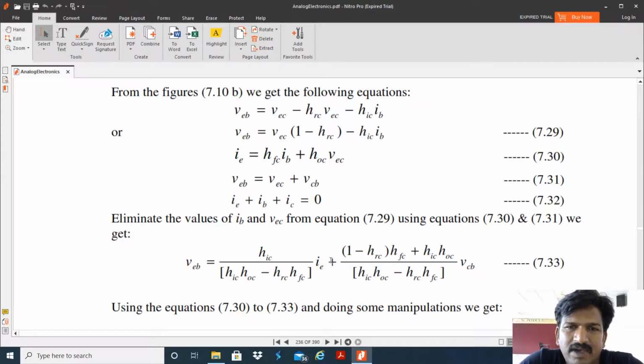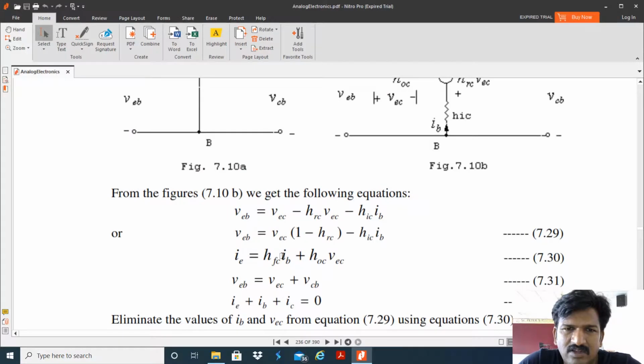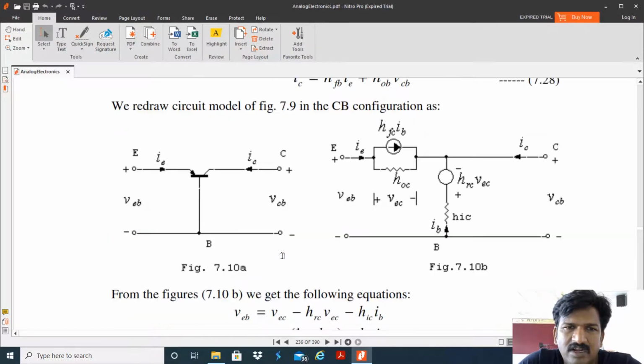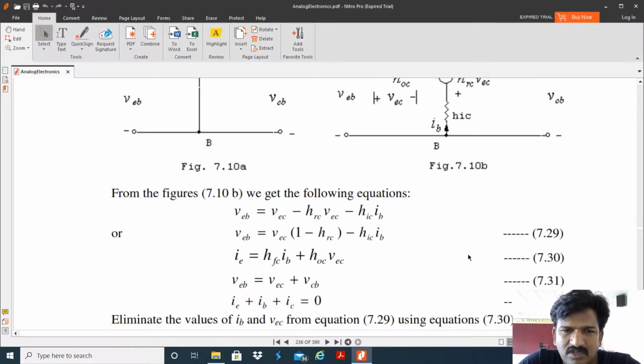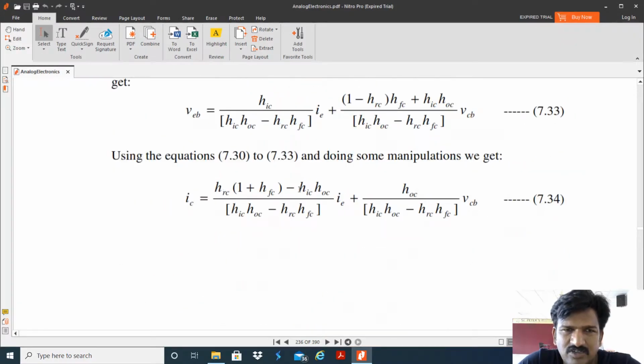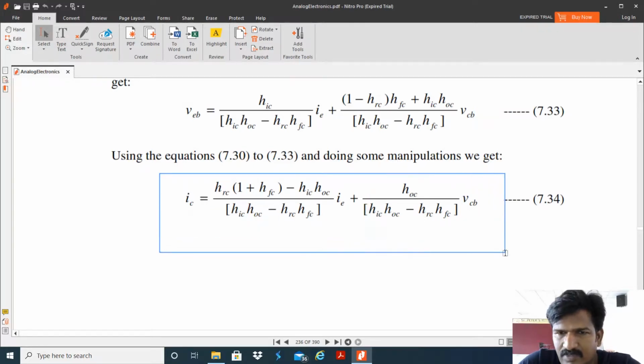This you can compare with the previous one. What is the previous one? Here we have written in terms of the common base configuration, and in terms of the common collector configuration. So next one is IC. Using equations 7.3 to 7.33 and doing some manipulations you will get IC.